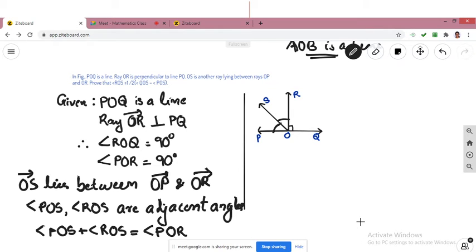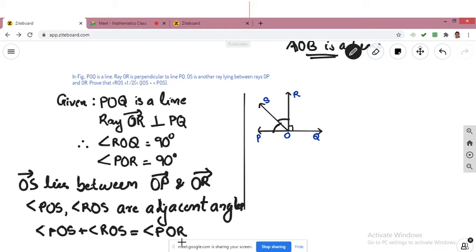Can we write it like this? Since they are adjacent, we can write it like this. We have seen that in the first class, do you remember? If you have two adjacent angles, we can add them, so angle POS plus angle SOR is equal to angle POR.